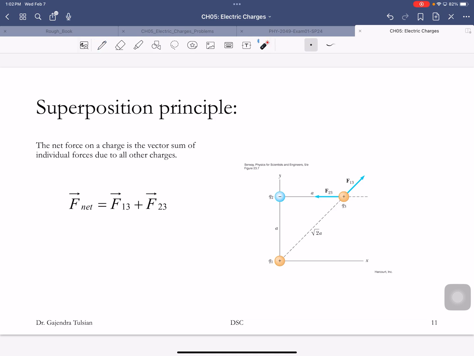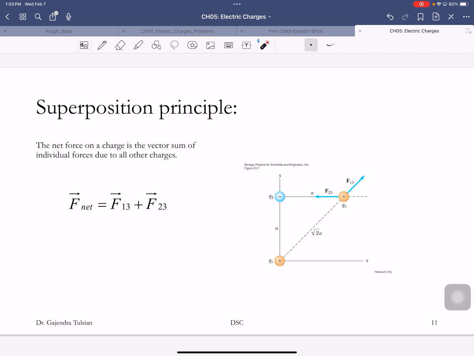All right. What the superposition principle states is the following. If you have multiple charges, this one is repelling him and this one is attracting him. When you calculate the interaction of these two, you can ignore the presence of the third, and vice versa. So calculate the interactions independently, and then the sum of those forces is the net force on him.